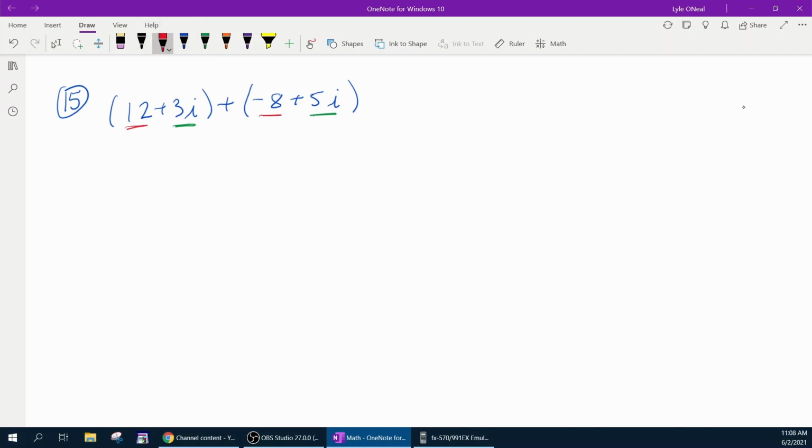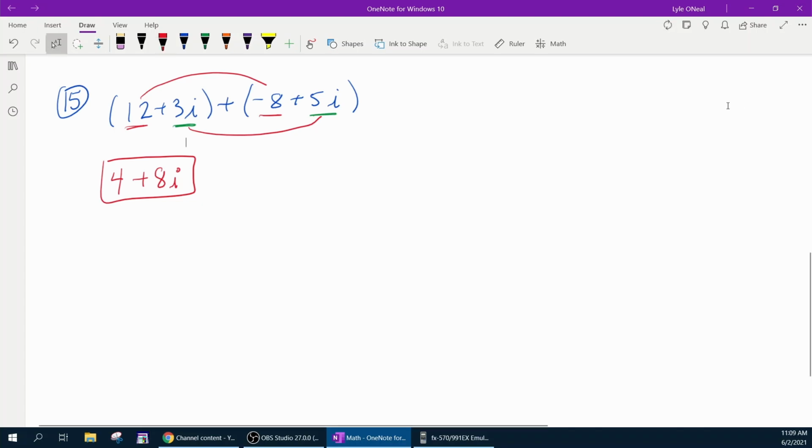So 12 plus a negative 8 is 4. And then 3i plus 5i is plus 8i. Basically you're just combining like terms. The 12 and the negative 8 are both the real parts. The 3i and the 5i both have an i. They're like terms. They can be added.